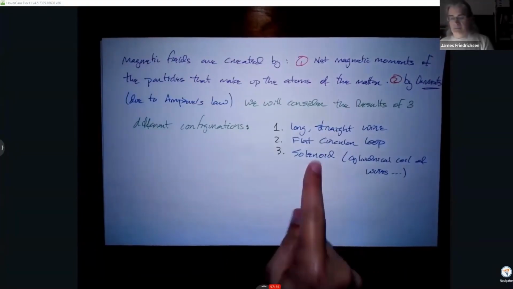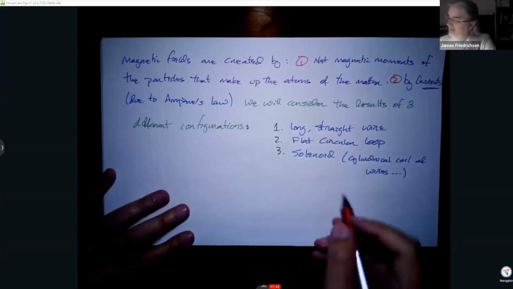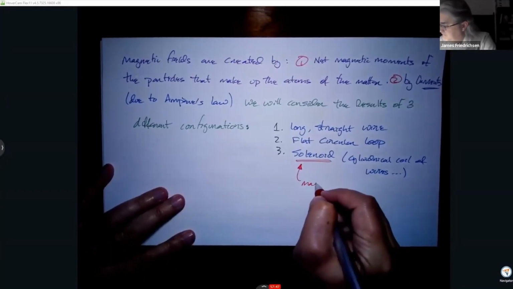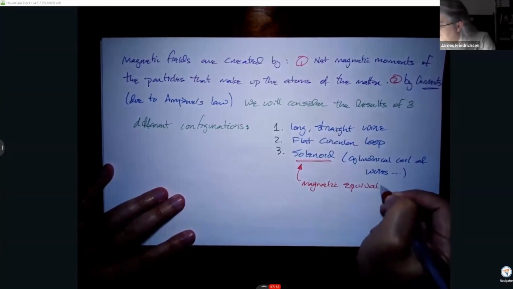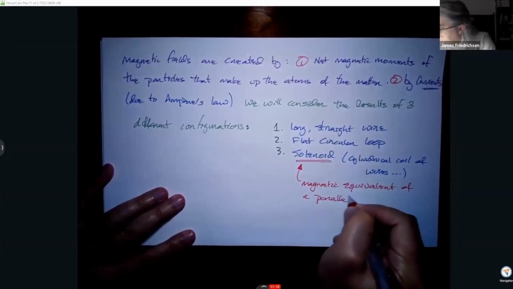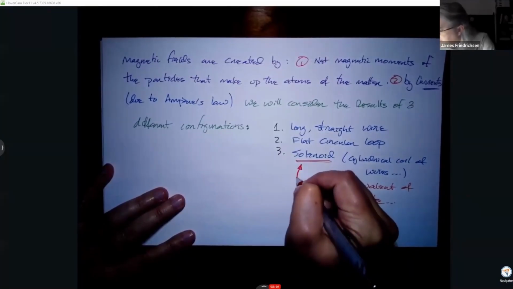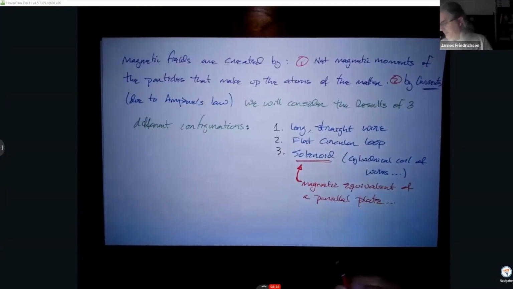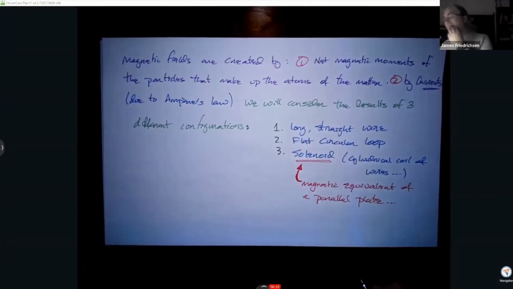And what's important about the solenoid is that this is the magnetic equivalent of our parallel plate. You're like, well, what does that mean? Well, the parallel plate was the configuration where we had a uniform or constant electric field. And so the solenoid is going to be the configuration where we have a uniform or constant magnetic field.